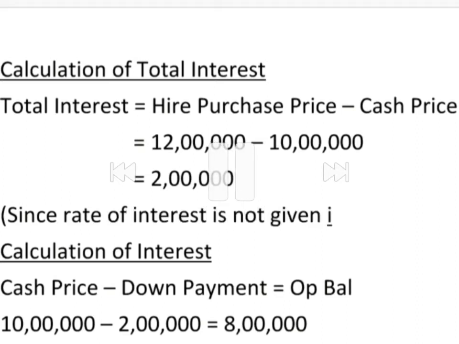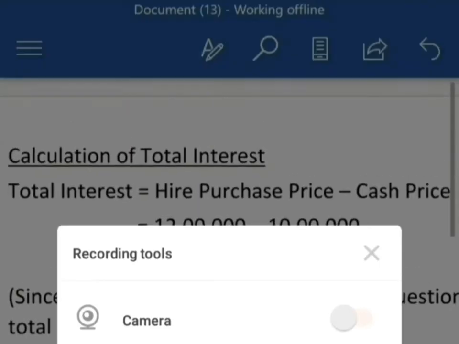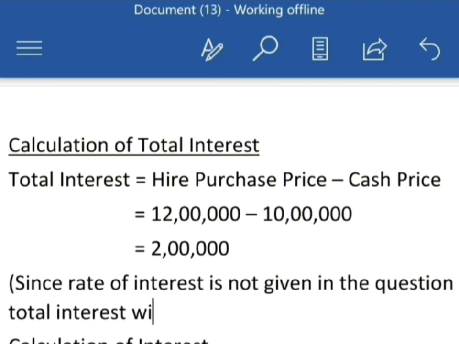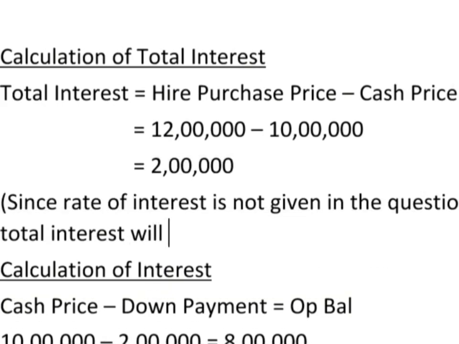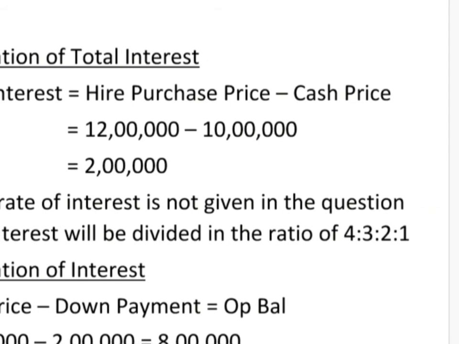So I have written here a note also. Since rate of interest is not given in the question, total interest will be divided in the ratio of 4:3:2:1. So it is known as the SOYD method also, sum of years digits method.